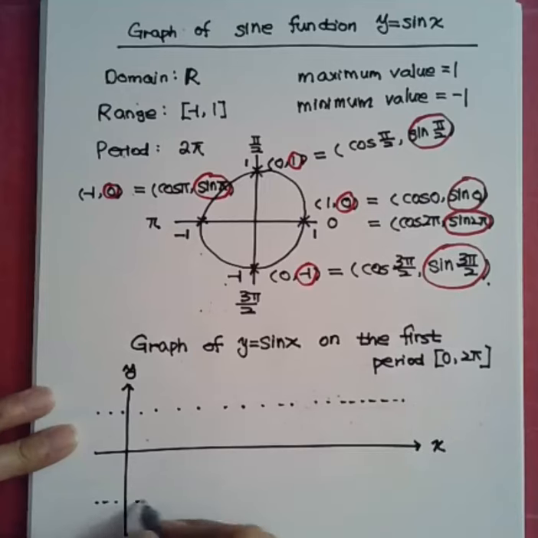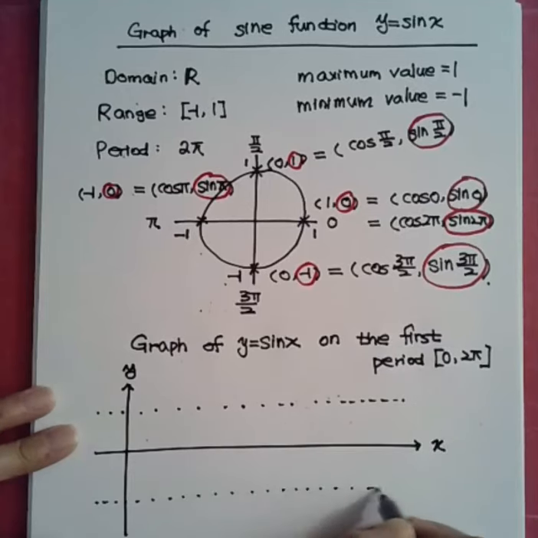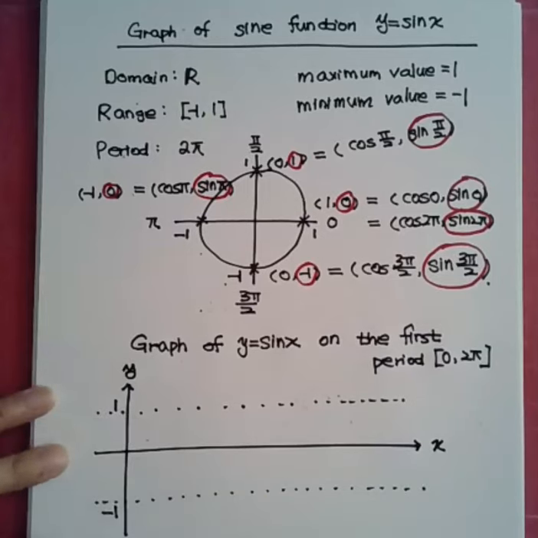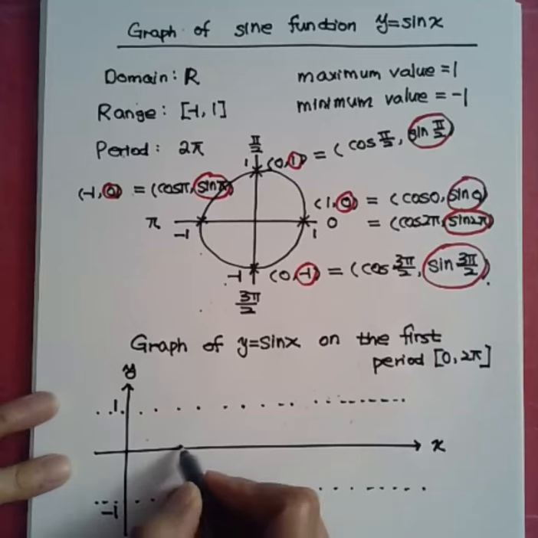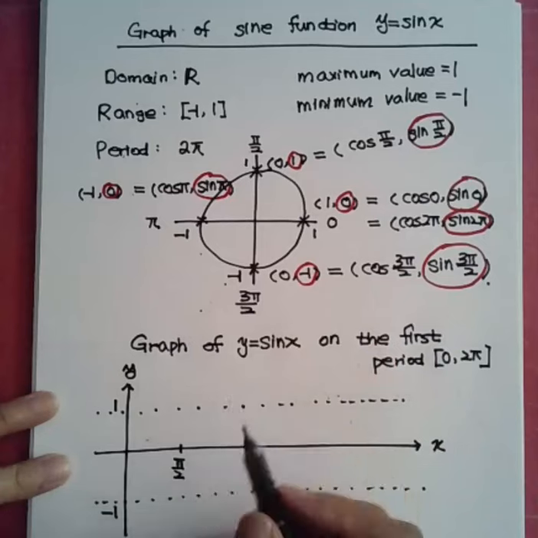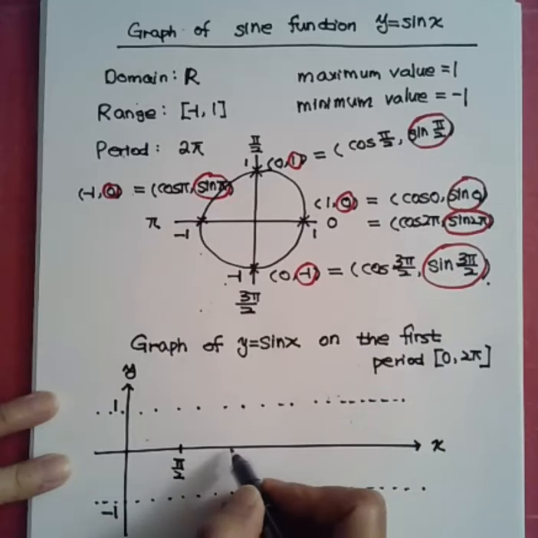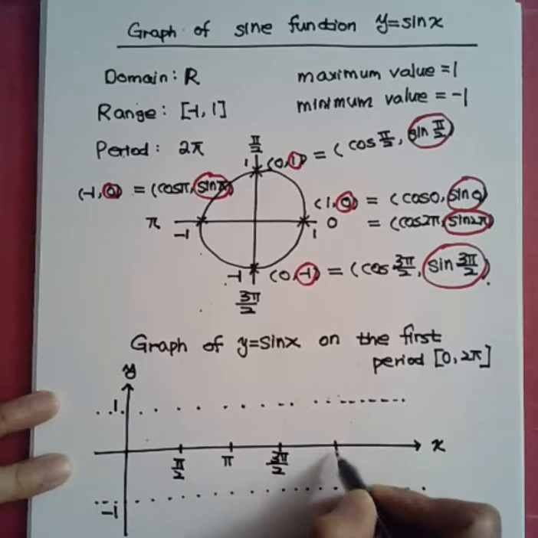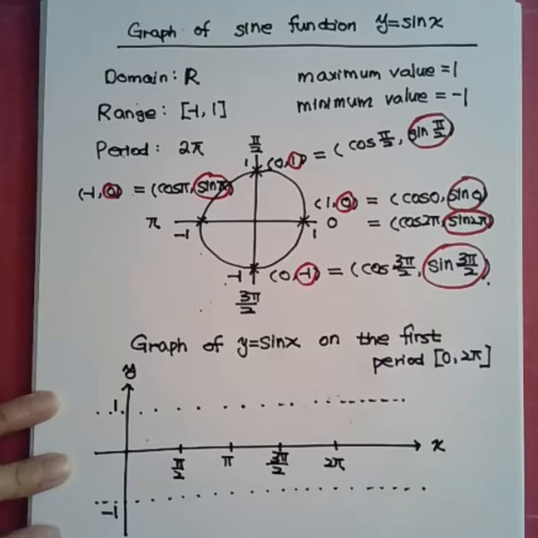I said the maximum value of sine is 1 and the minimum value of sine is -1. The important points are 0, pi over 2, pi, 3 pi over 2, and 2 pi. Those are the points where sine values are 0, maximum or minimum.